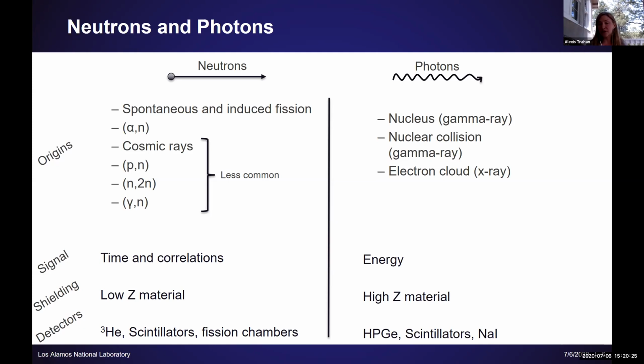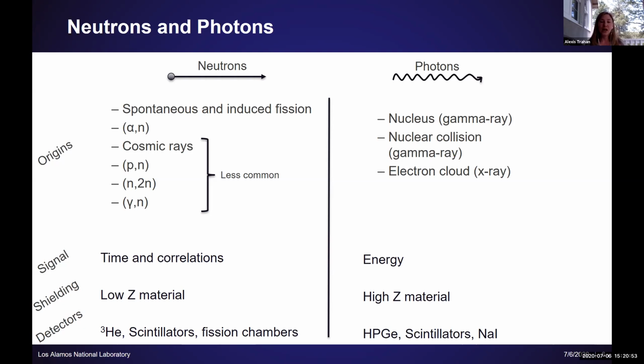With gamma rays, on the other hand, or photons, we see gamma rays that come from the nucleus or nuclear collisions, and then we see X-rays that come from the electron cloud. There are gammas that come from fission as well, but typically when we're characterizing special nuclear material with non-destructive assay, we're focused on gammas and X-rays that come from these locations: the nucleus, nuclear collisions, or electron clouds.